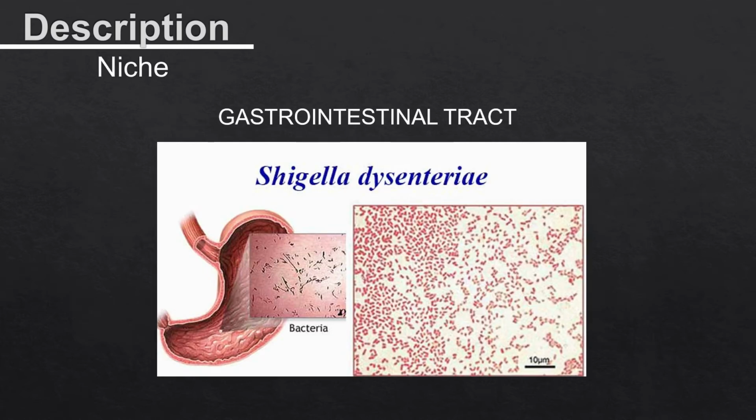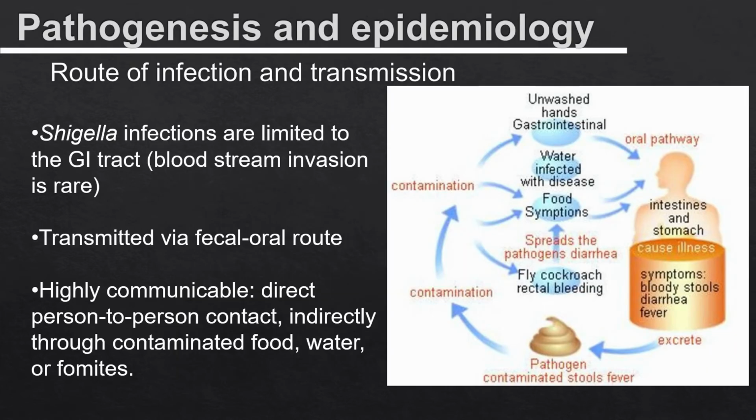So the next one is the niche of the Shigella. It is commonly found in the gastrointestinal tract of humans, as humans are the primary reservoir of Shigella. As previously described, Shigella infections are almost always limited to the gastrointestinal tract, while bloodstream invasion is quite rare.